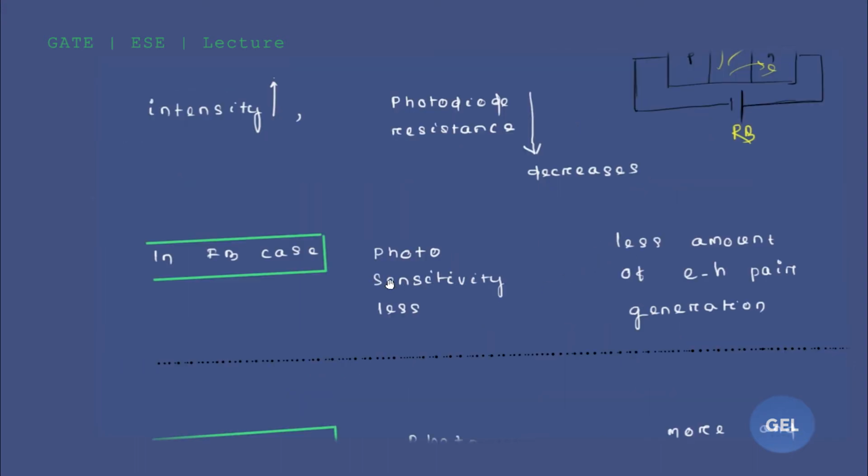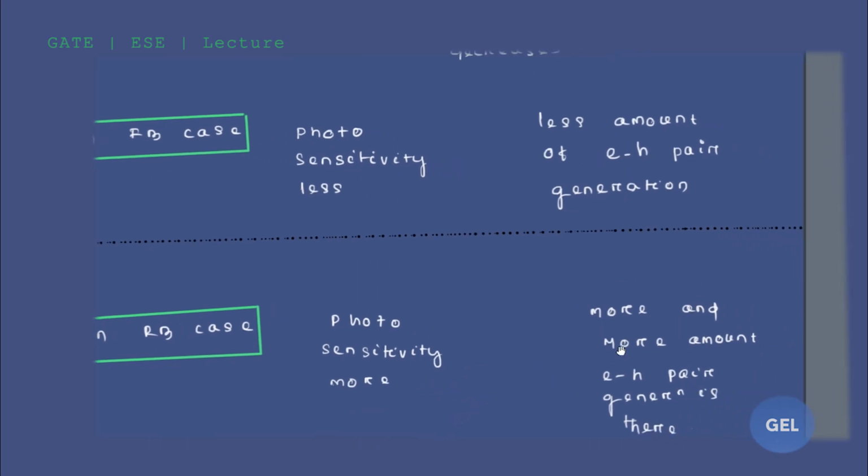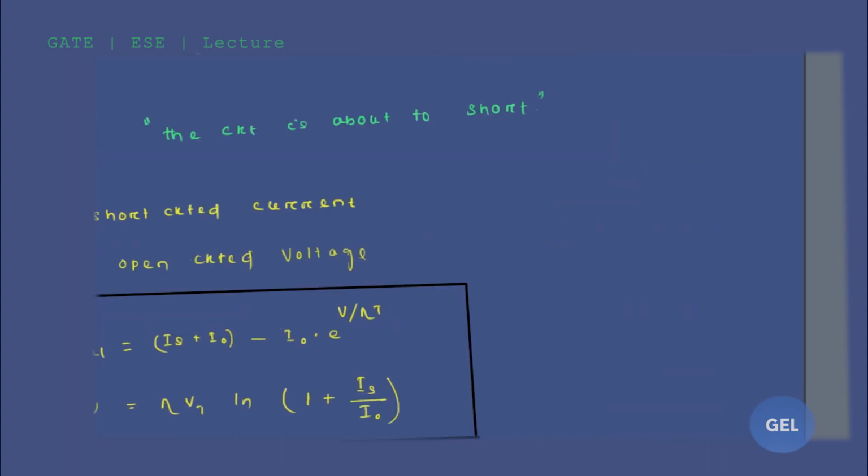Just tell them a forward biased PN junction has less photosensitivity, but a reverse biased PN junction is more photosensitive, because there is more electron hole pair generation, whereas in forward bias there is less electron hole pair generation. Always remember this.